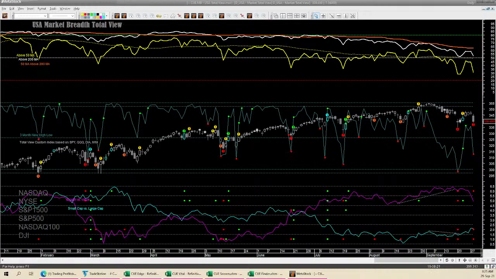Now if you spend a minute to look at not only the percentage of stocks above 50 MA but that above 200 MA and also percentage of stocks at 50 MA is above 200 MA. These are all broad indications and you see all of them are in a clear downtrend now for quite a while.